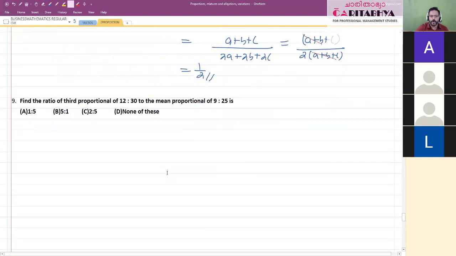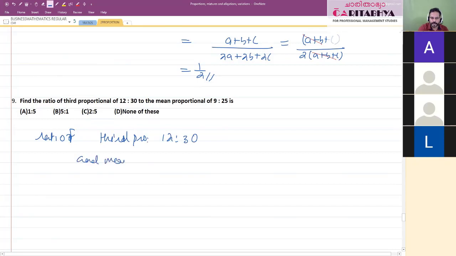Find the ratio of. നമുക്കൊരു റേഷ്യോ കണ്ടുപിടിക്കണം. Ratio of third proportional to 12:30 and mean proportional to 9:25. Okay.